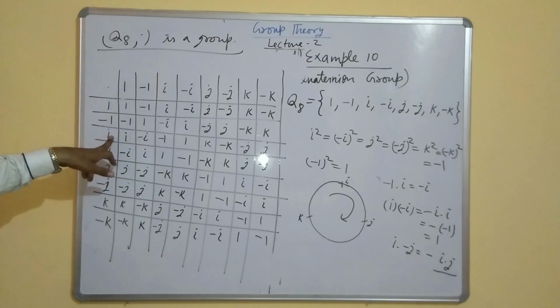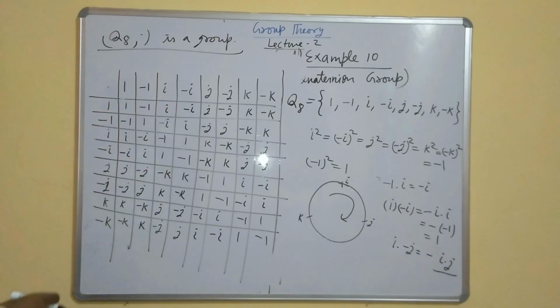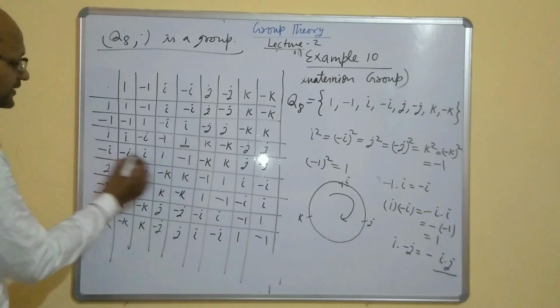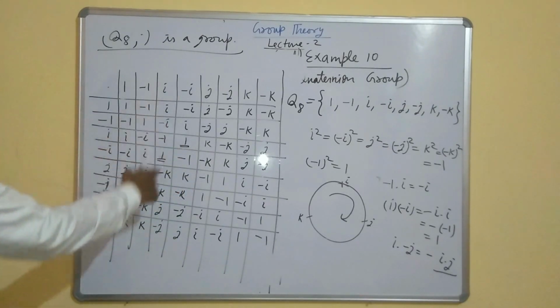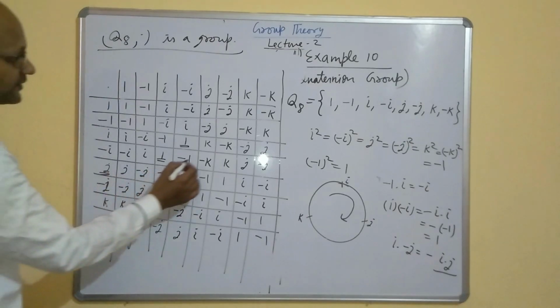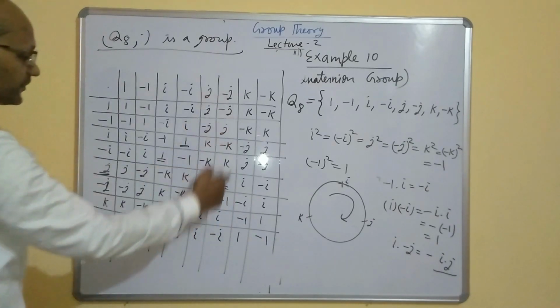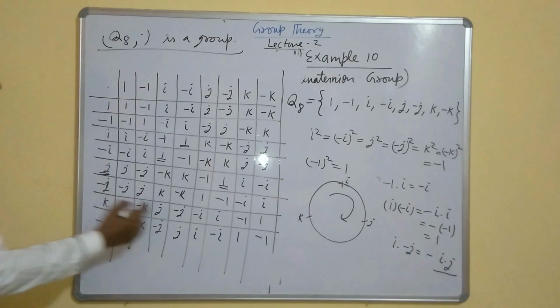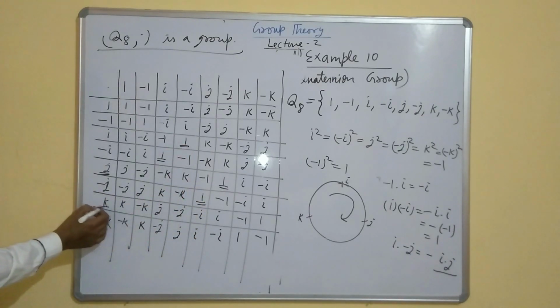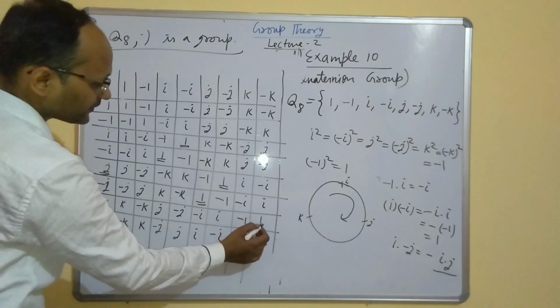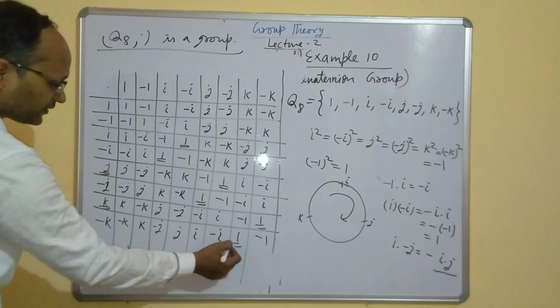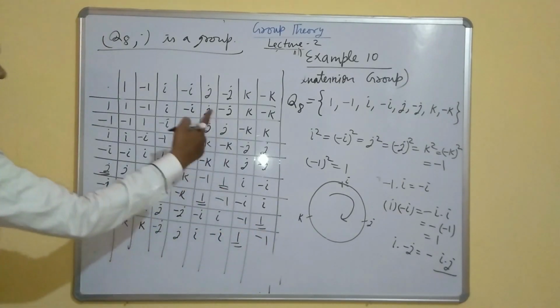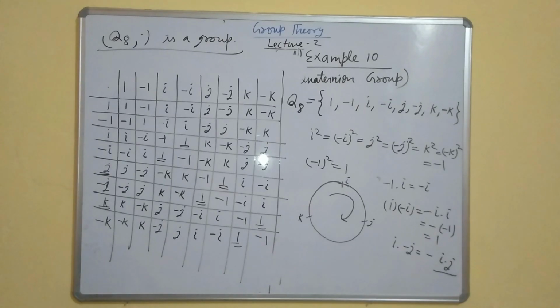Inverse of i is minus i because this is giving you 1. Inverse of j is minus j, you can see. And similarly inverse of minus j is j. Inverse of k is minus k because you are getting 1. And inverse of minus k is k. So each element has an inverse, and of course identity into identity is 1. So this is a group.